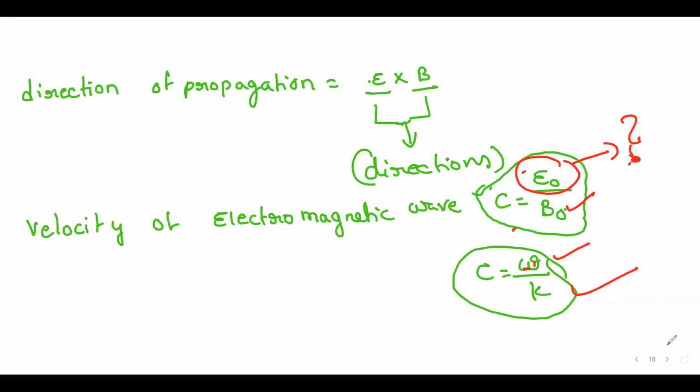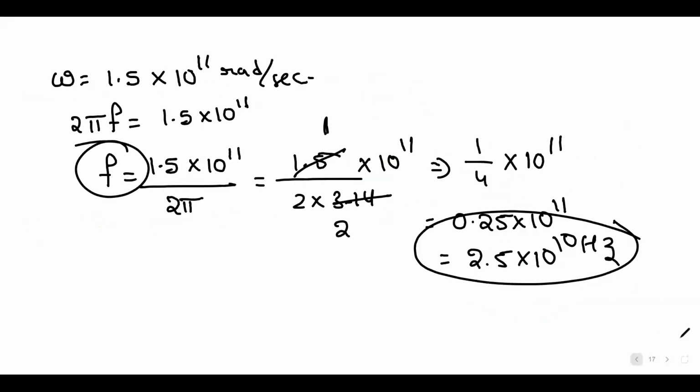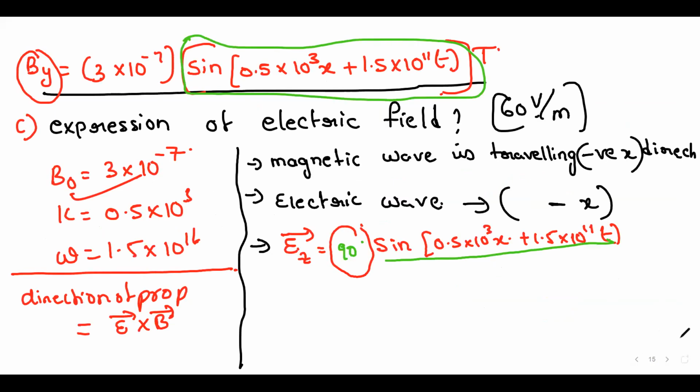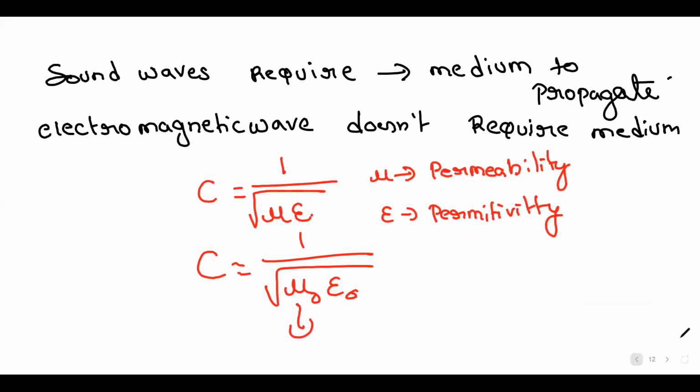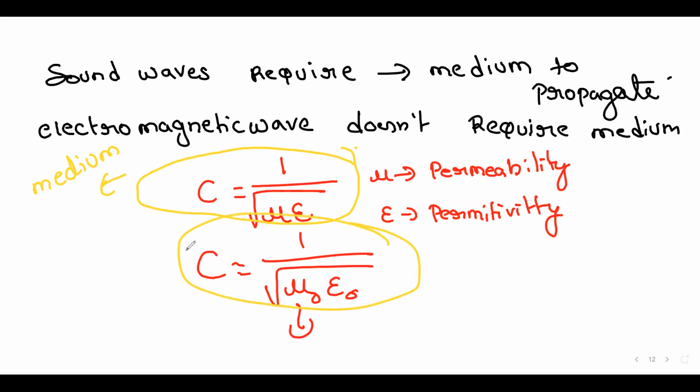So what are the other important formulas we had discussed? See, this is also another important formula of the velocity of light. This is in a medium. Okay, it is in a medium. This is in free space, or vacuum.